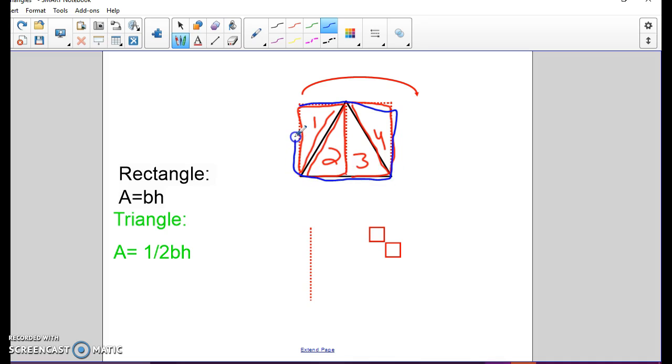And so the original triangle that we want to find is just this one right here, which is actually just 2 out of the 4 triangles. So once again, our original rectangle would be our base times height. But since we just want this triangle, we're going to do 1/2 base times height, because we only need 2 out of the total of 4.